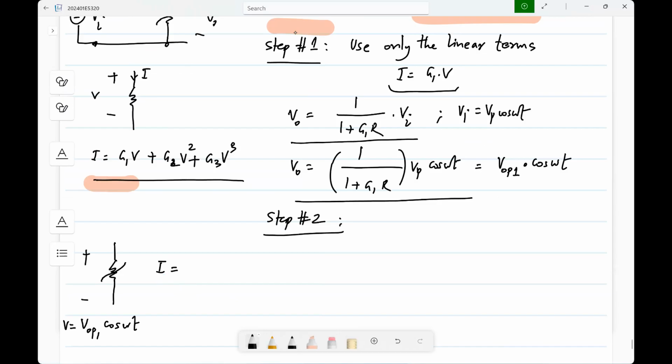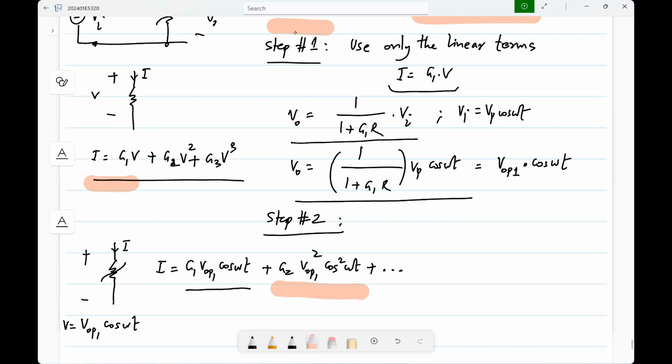So V across this will be that, and the current through the element will be G1 VOP1 cos omega t. This part I've already taken into account when I did step 1. In fact, this is what I used to get the solution of step 1, plus G2 VOP1 square cos square omega t plus higher order terms. I'll just stop now at the second order term in the second step.